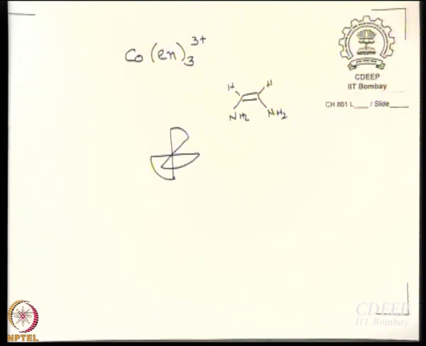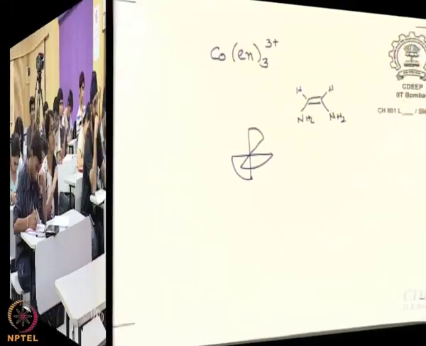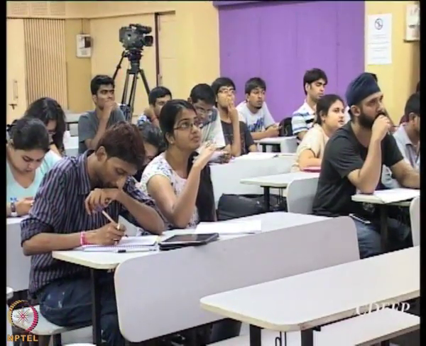Can you tell me what will be the symmetry point group? See, the basic structure, the basic disposition is octahedral, right? So, it makes sense to start thinking along the lines of what is there in an octahedron. Of course, many of them will not be there. You will have a much smaller number of symmetry elements there.